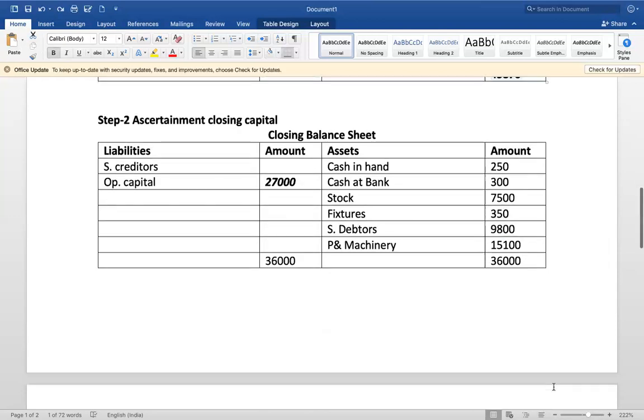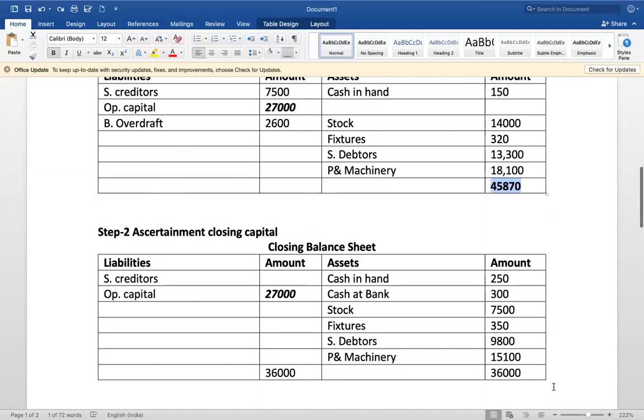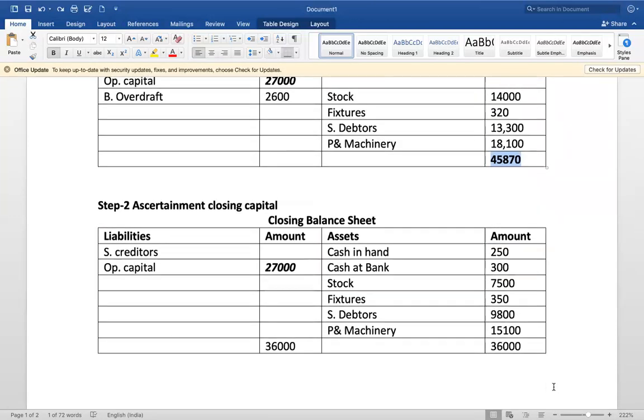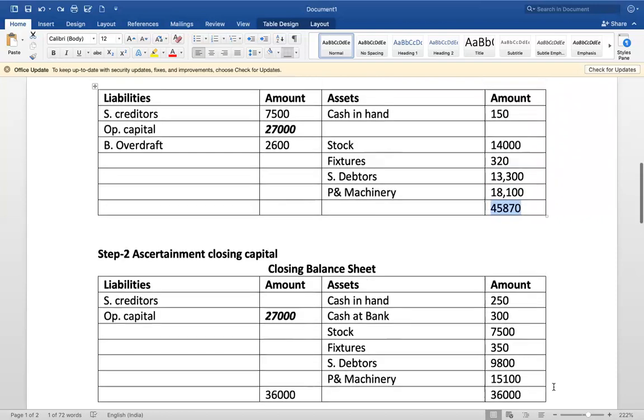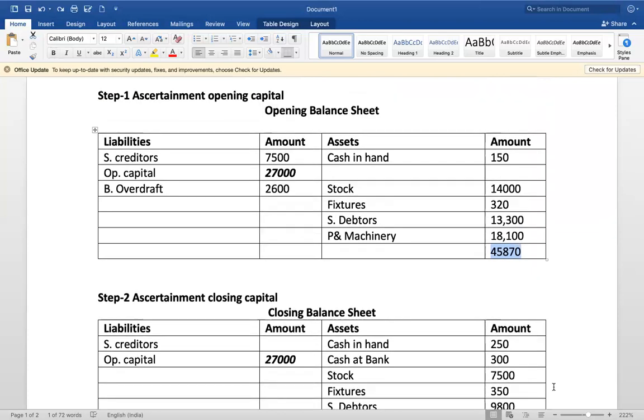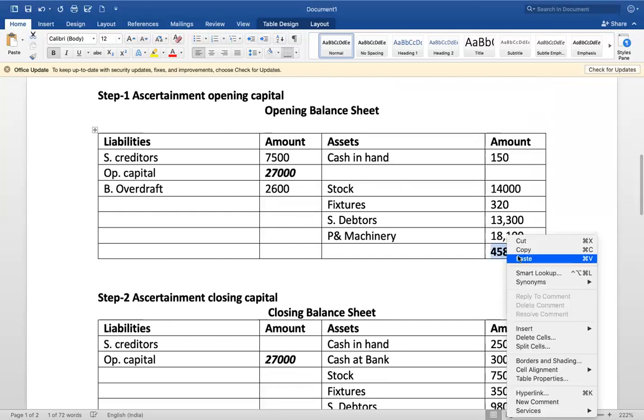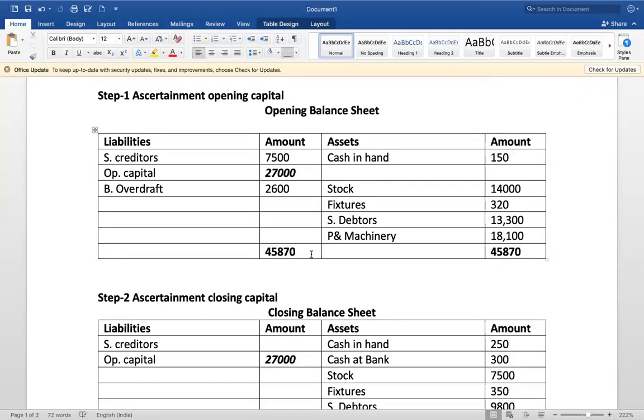There's a slight confusion. It's taken on the liabilities side.